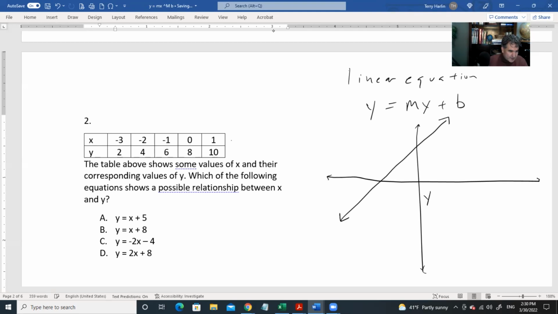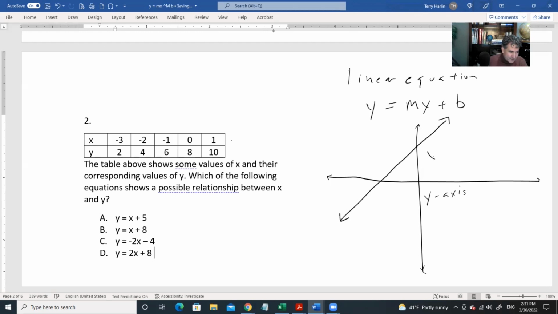Well, it's the point at which the line is intercepted by the y-axis. More correctly, it's the y-coordinate of the point at which the line is intercepted or intersects this axis. So in other words, right here is where I'm looking for my y-intercept.